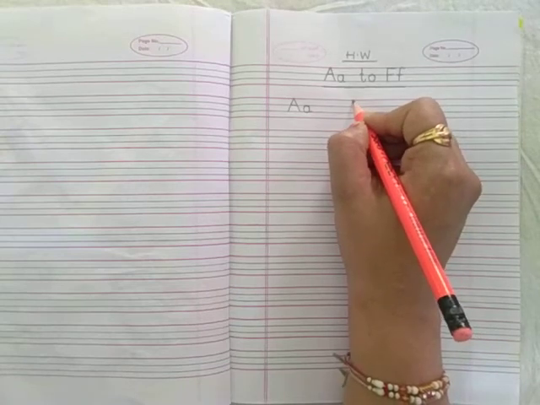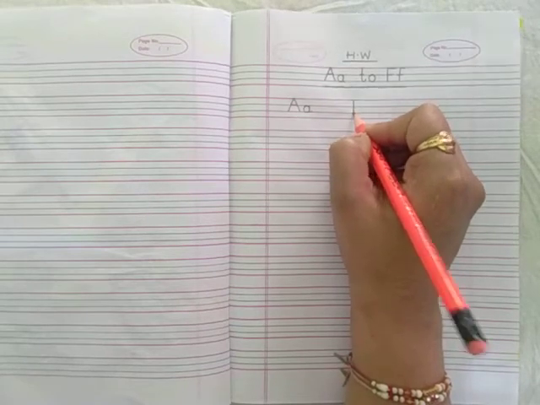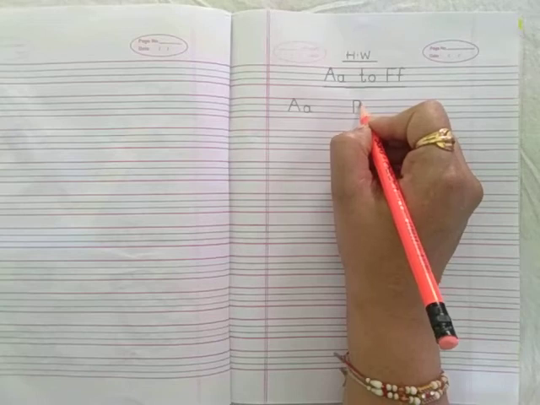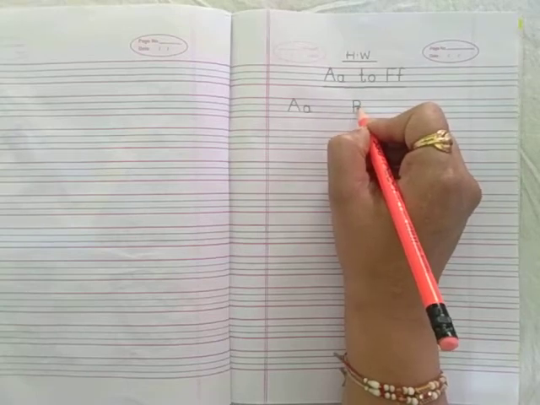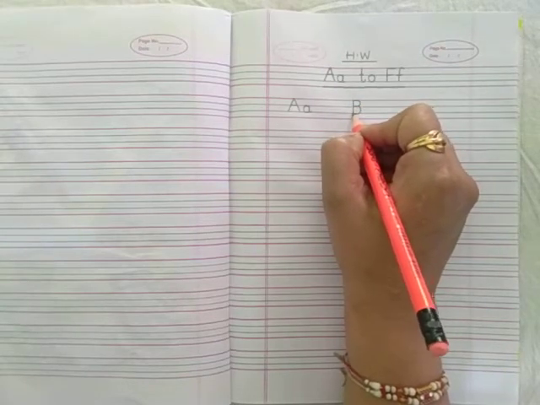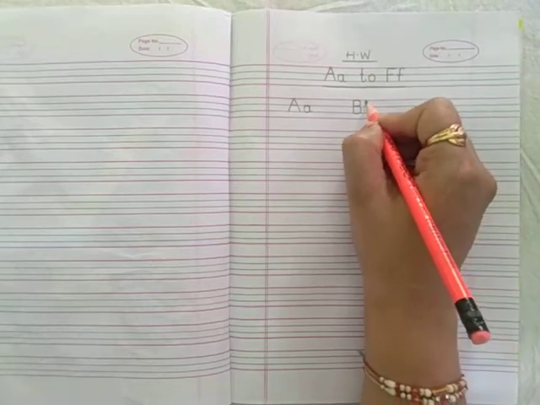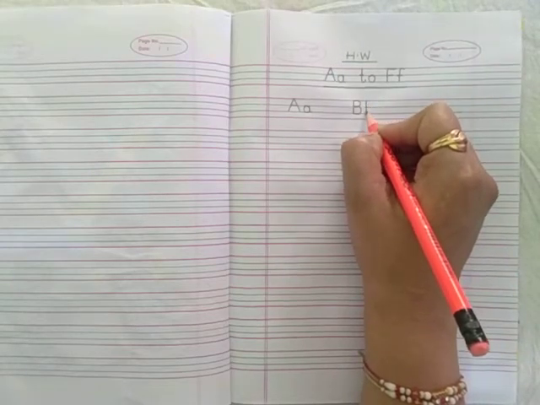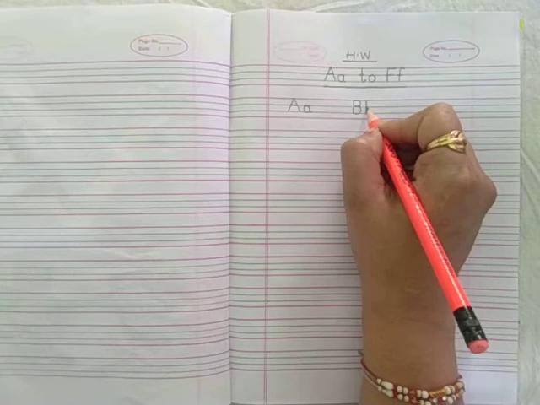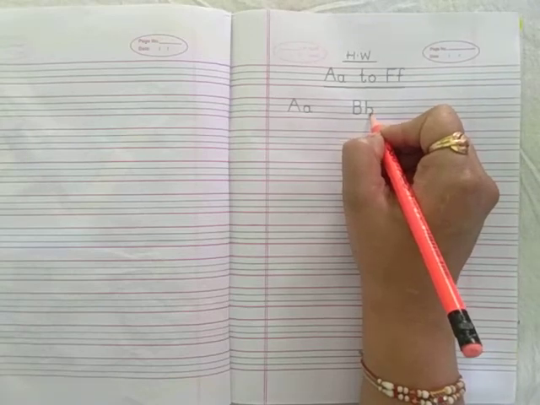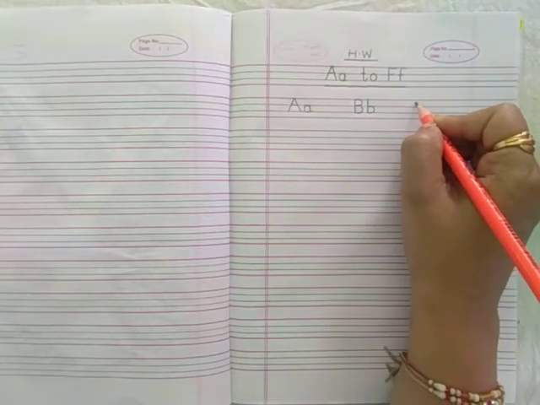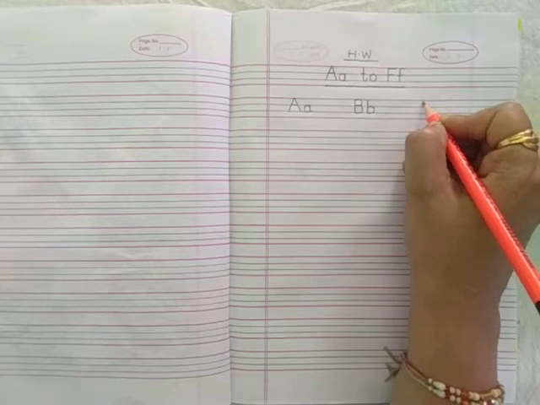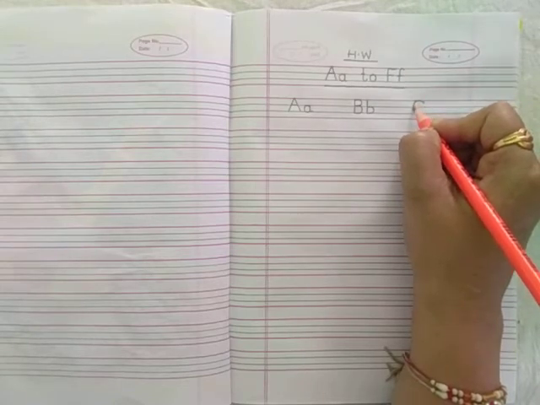Then B, standing line, two big curves like this, half curve, not big. Small letter B. C, a big left curve.